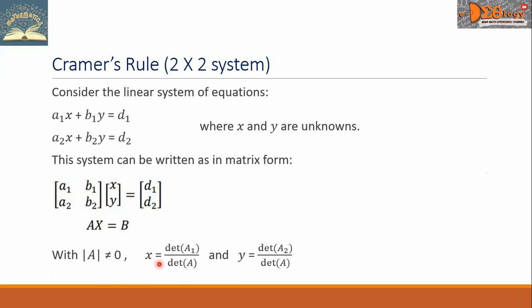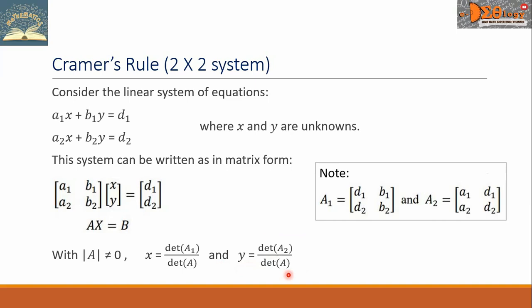For the x, this is equal to determinant of A sub 1 over determinant of A. And the variable y is equal to determinant of A sub 2 over determinant of A. Remember, the matrix A sub 1 is equal to d sub 1, b sub 1, d sub 2, b sub 2. And the matrix A sub 2 is equal to a sub 1, d sub 1, a sub 2, d sub 2 respectively. This is our working formula.